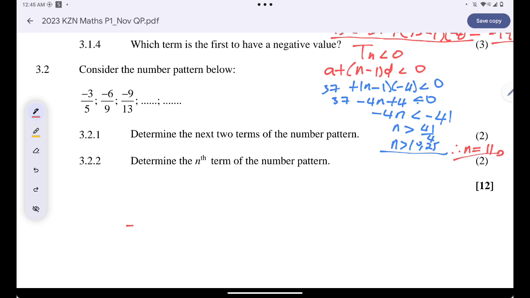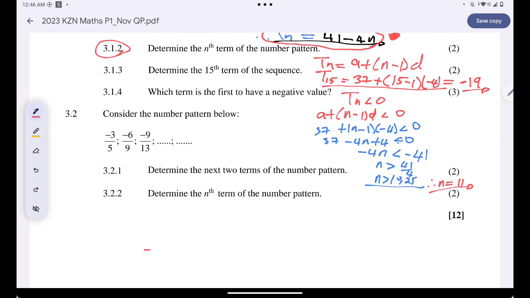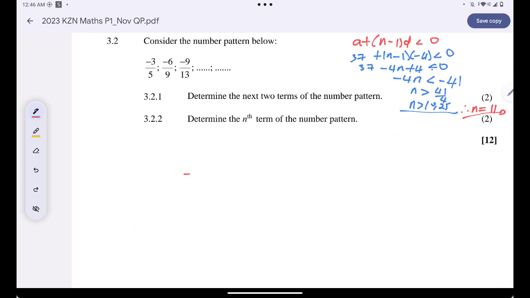So T11 is the first negative term of the sequence. You can prove that by finding T10 and T11, you'll see that T10 will be positive, however T11 will be negative. Are we together? And then now let's move to 3.2.